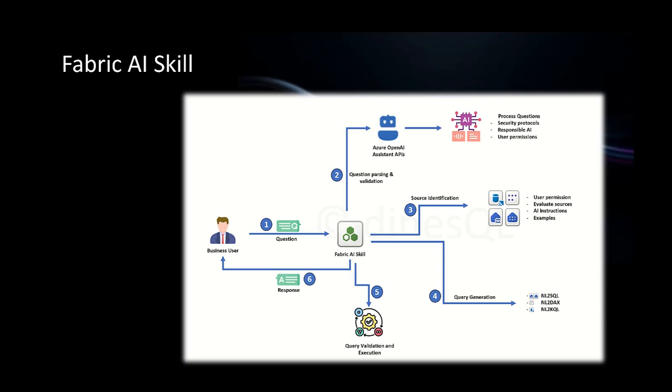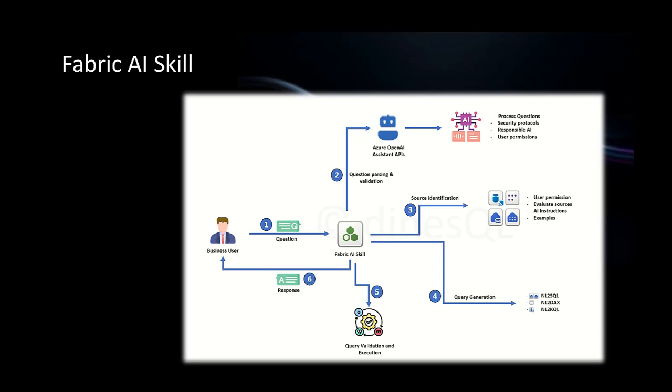All right. In addition to that, there are a couple of things that have to be enabled. You know how to open the Fabric admin portal. You click on the settings icon, then you'll see the admin portal menu. Click on it, then search for AI skill. You need to make sure it is enabled. And there are a couple of settings related to Copilot. Those have to be enabled as well.